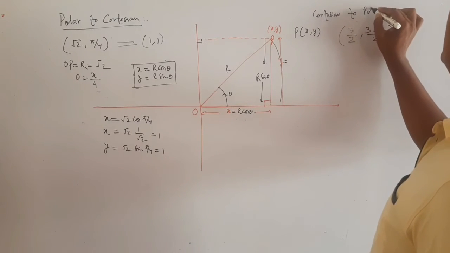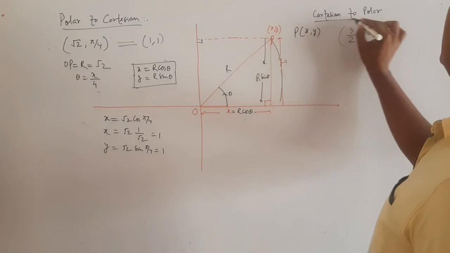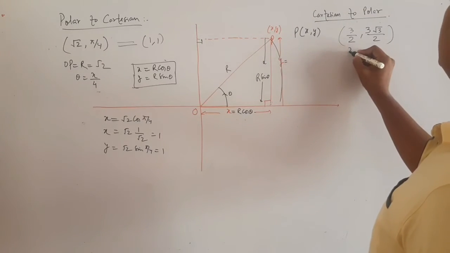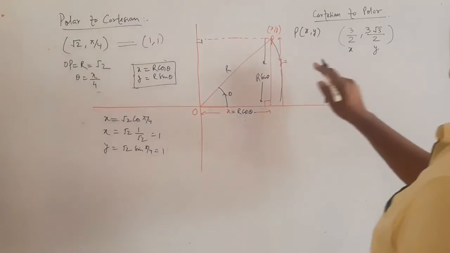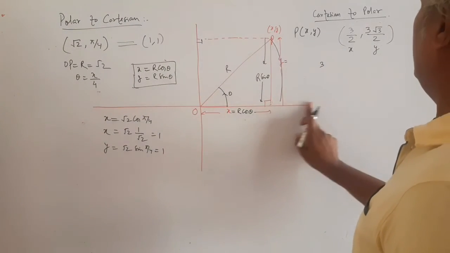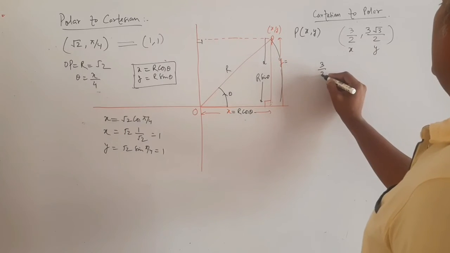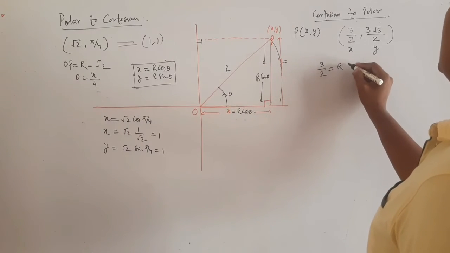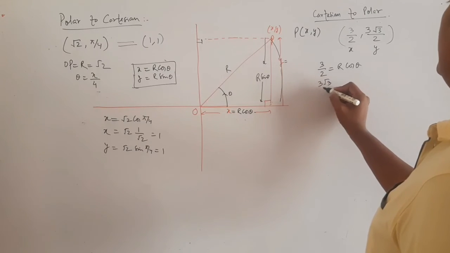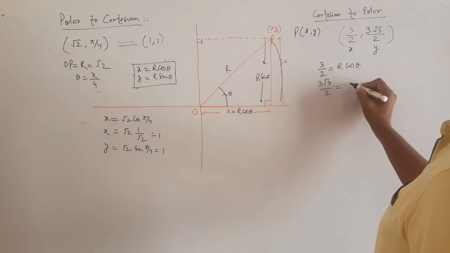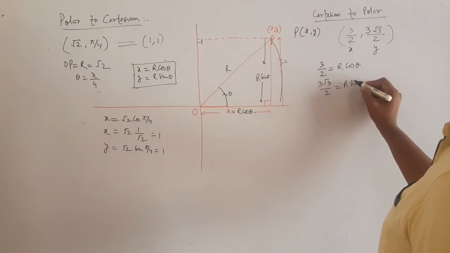So this is my x and this is y. So what you get? 3 over 2 is r cos theta and 3 root 3 over 2 is r sin theta.